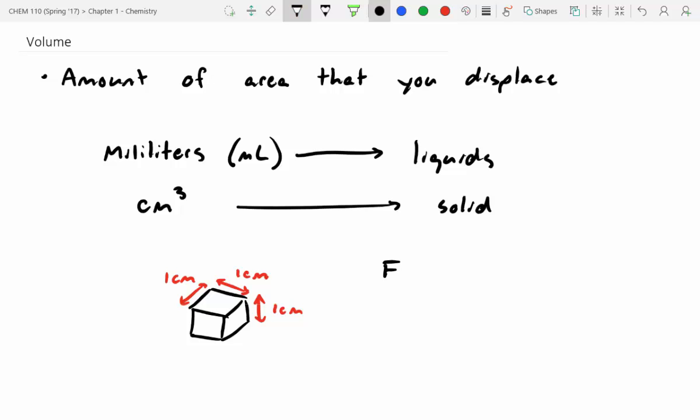And for water, 1 centimeter cubed is equal to 1 milliliter. And like I said, you might see centimeter cube abbreviated as cc. It really doesn't matter how you show it. However, most scientists prefer to write it as centimeter cube to avoid any confusion there.